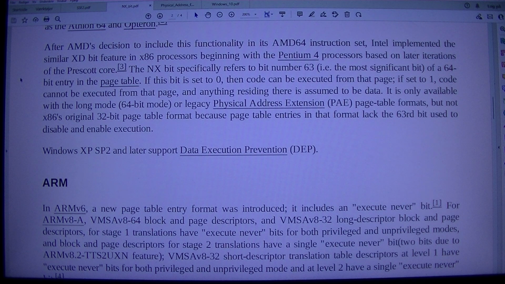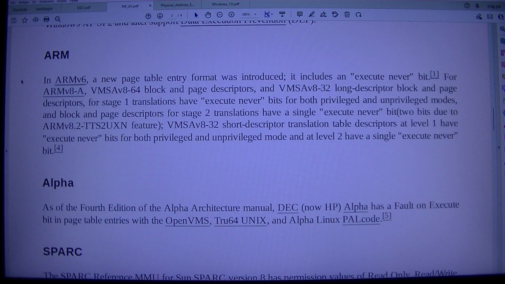It is only available with the long mode, 64-bit mode, or legacy physical address extension, PAE, page table formats, but not x86's original 32-bit page table format because page table entries in that format lack the 63rd bit used to disable and enable execution. Windows XP SP2 and later support data execution prevention, DEP.